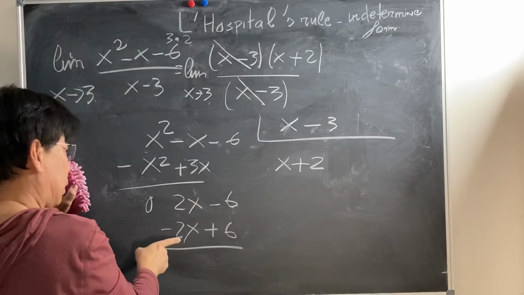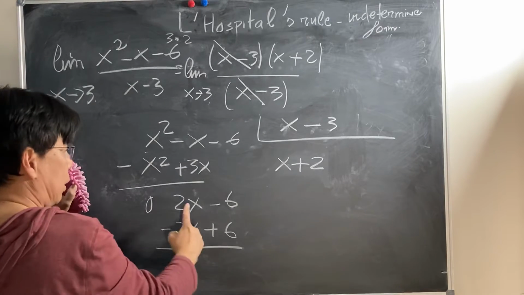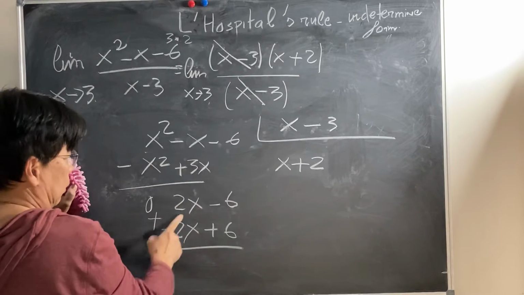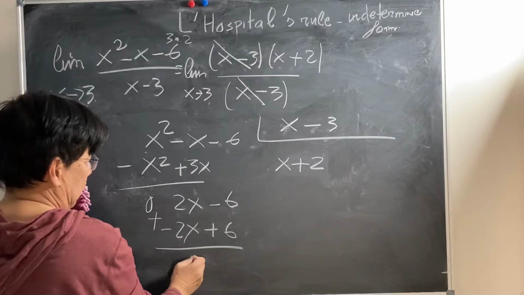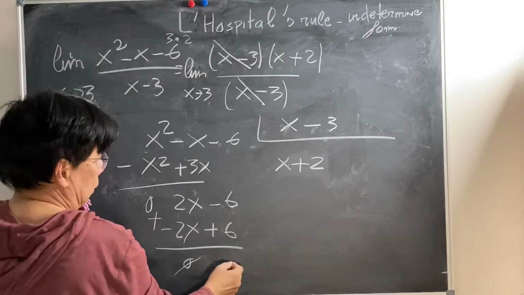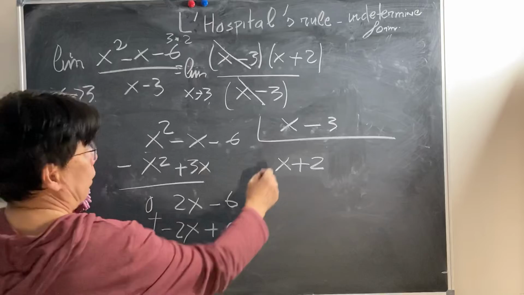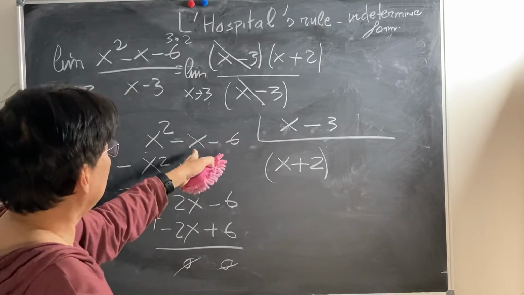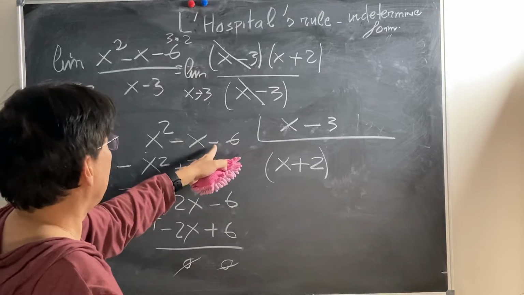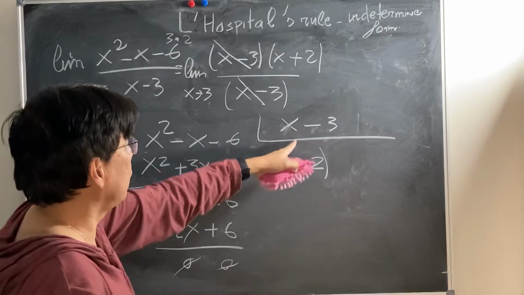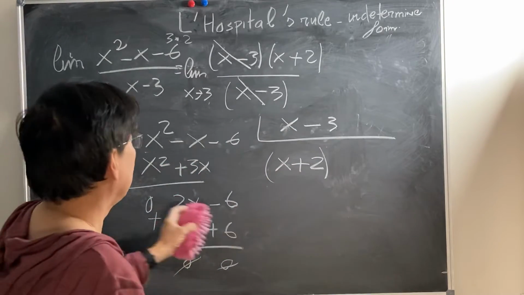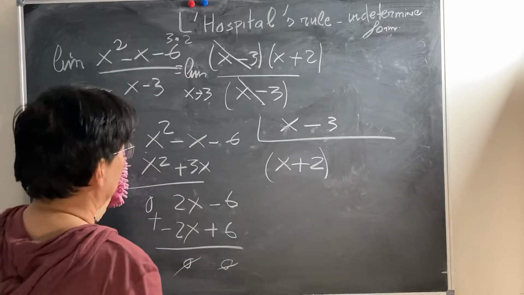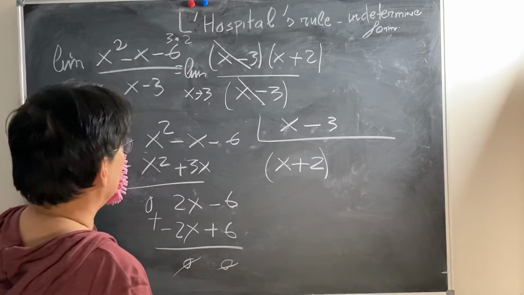Add it up: 2x minus 2x equals 0, and minus 6 plus 6 equals 0. So x squared minus x minus 6 divided by x minus 3 equals x plus 2. There is no remainder, it's a perfect division.